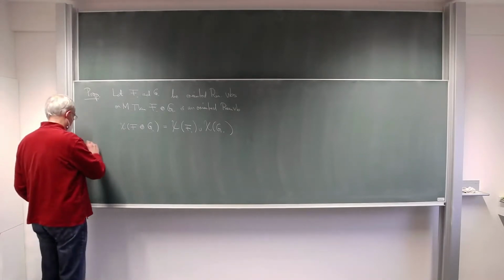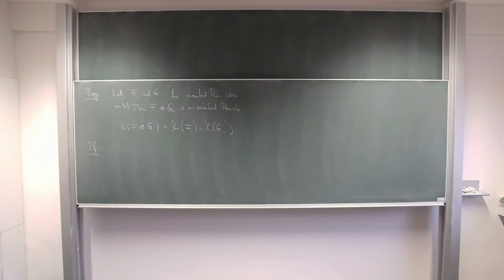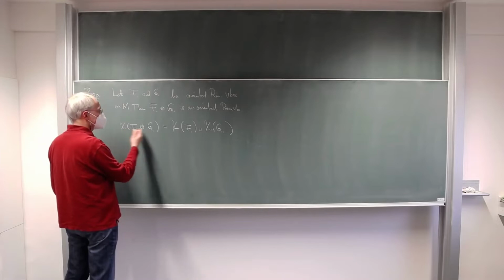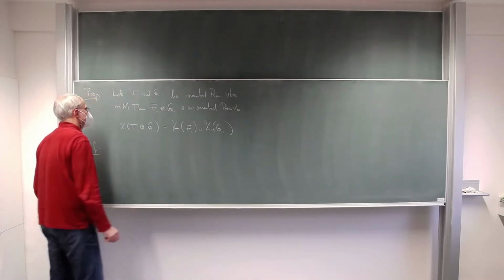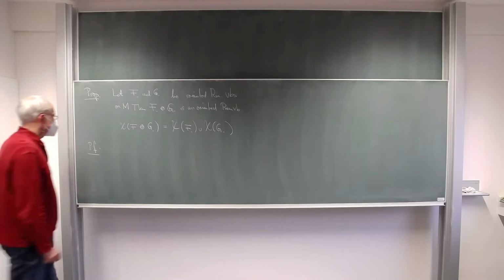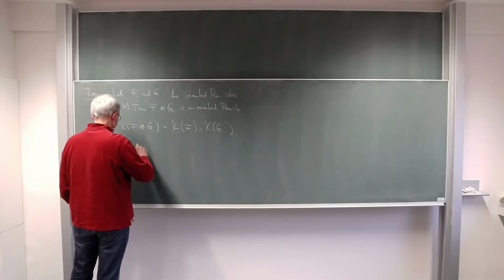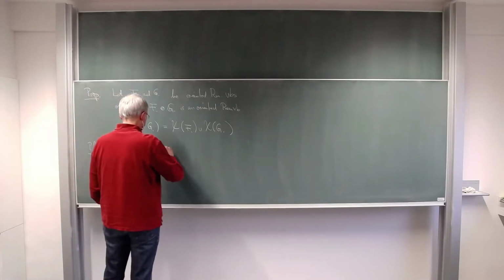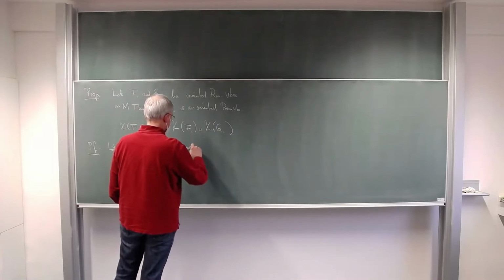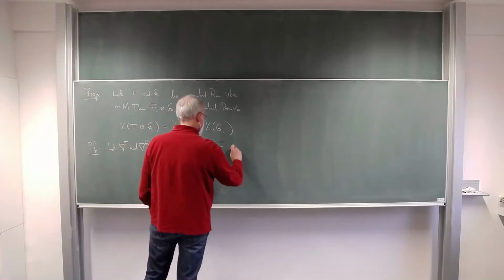Well, proof. We can compute a representing differential form choosing metric connections ∇^F and ∇^G on F and G respectively.